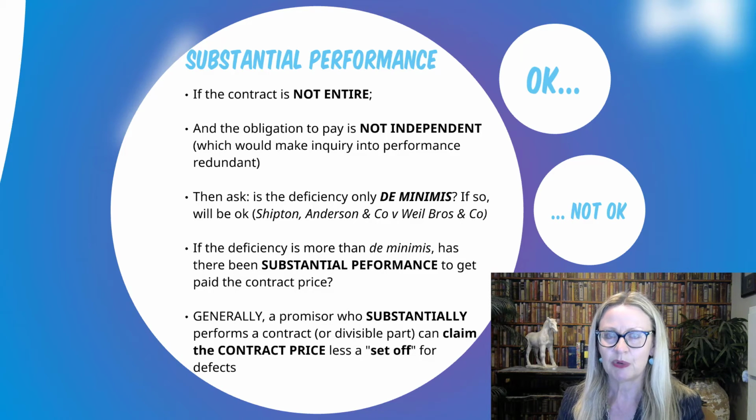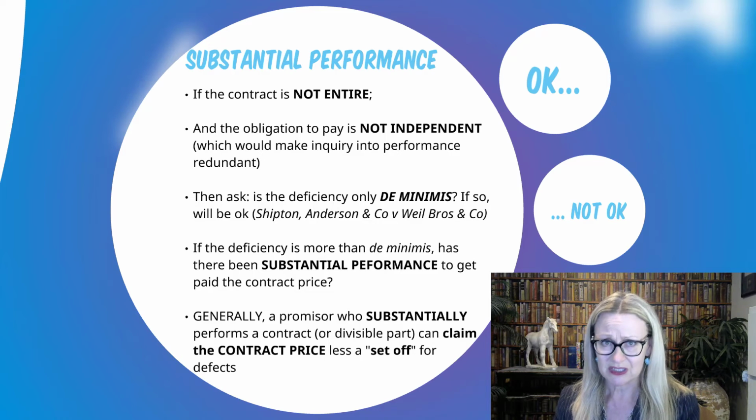Also, the problem must be more than just de minimis, because if the underperforming party's defect in their work is just de minimis, that is so small as to be trifling or inconsequential, the court's just going to disregard that underperformance. So if the deficiency is more than de minimis, then what you have to work out is whether the performance has been substantial enough to get paid.